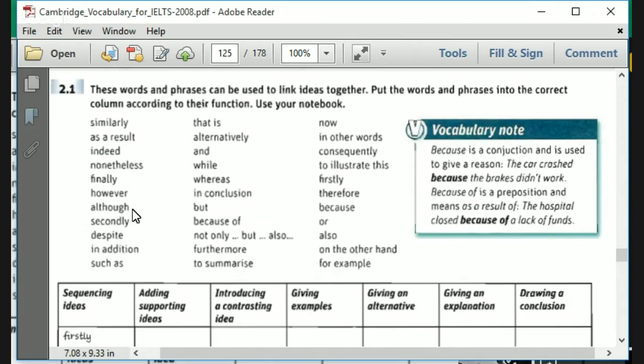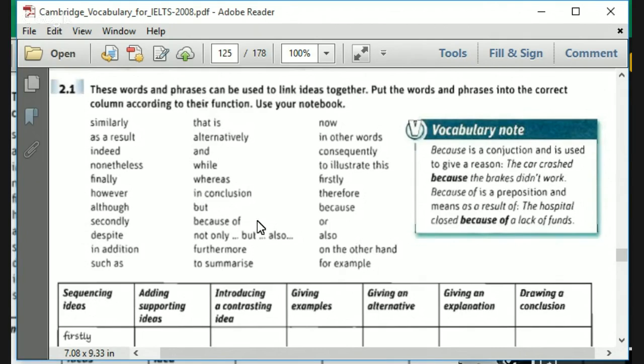Words like however, although, phrases in addition, while, whereas, these are also considered to be subordinators, where you're linking one clause to another, and also at the same time showing the relationship between these two clauses, transitioning from one idea to another.